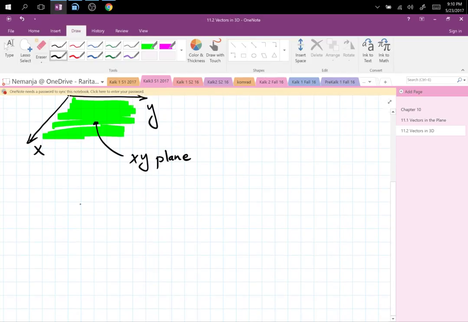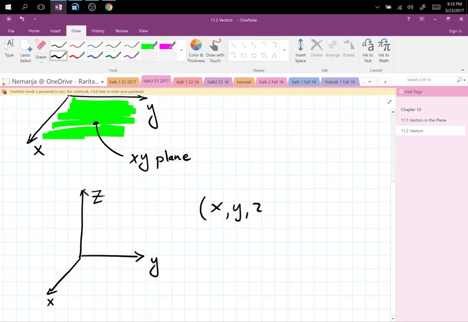In the 3-dimensional coordinate system, I will locate 3D points. The point is now given as x, y, z. If I have, let's say, 3, 5, and 2, I will first find 3 on the x-axis.